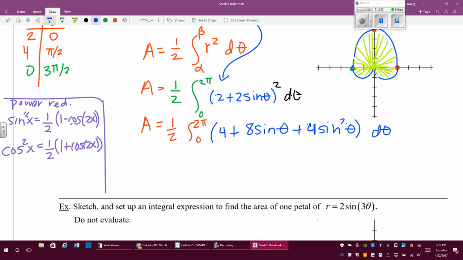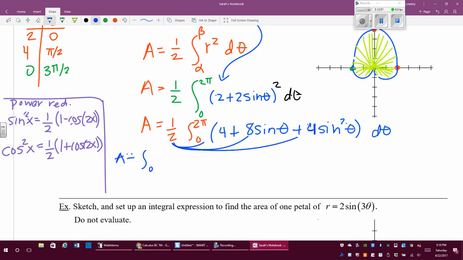Okay, and again, you can FOIL that out on your own. Okay, so I'm going to distribute this 1/2 in to make my life easier and my numbers a little bit prettier.